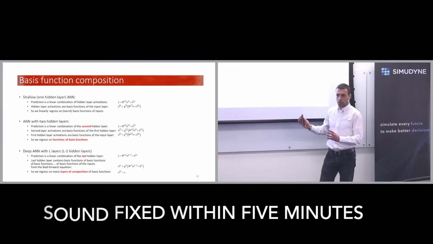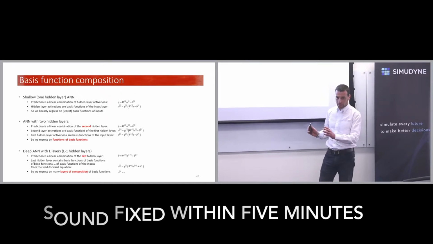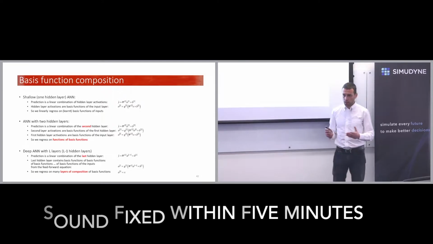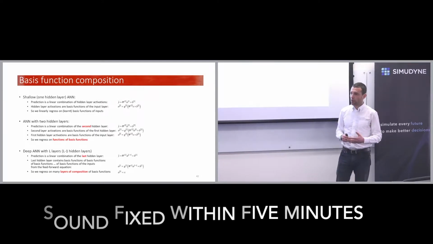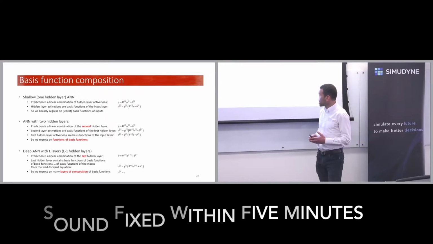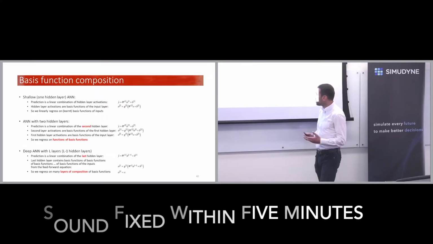So with an infinite number of units, you really need only one hidden layer, but this is an asymptotic result. In practice, with a limited number of units, if you have a shallow network, all you get are linear combinations of a limited number of basis functions of the same shape but with different parameters. And you cannot represent that many functions with that.